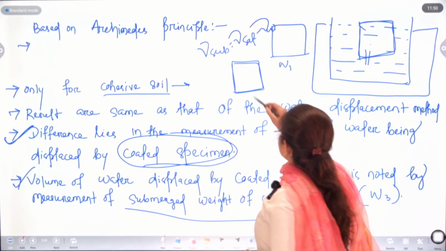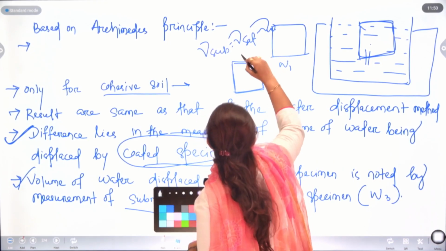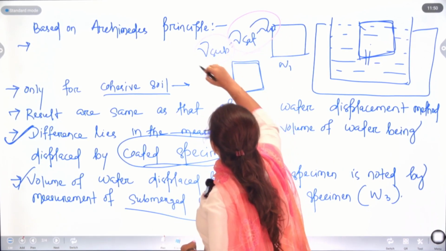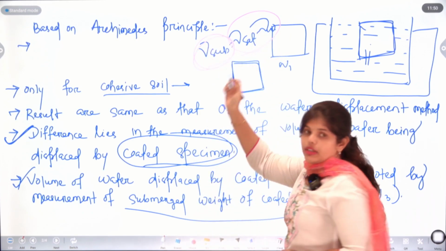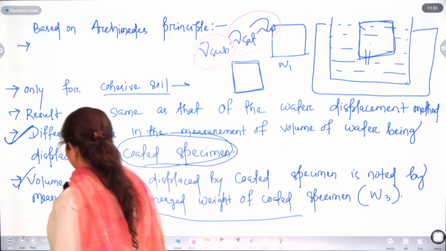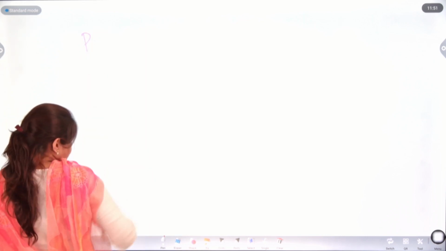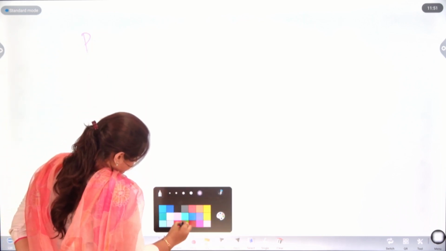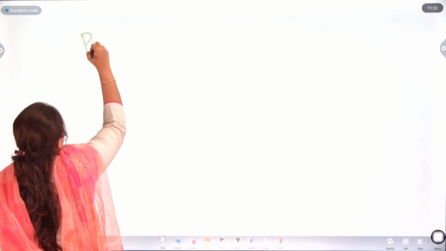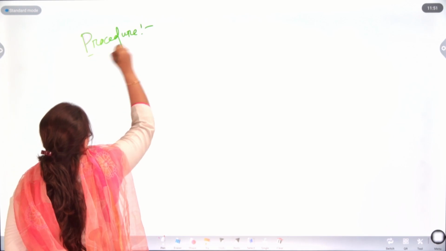By subtracting gamma W from gamma saturated, we will have gamma submerged. We will use this method here. So, to know the proper method, we will know the procedure.